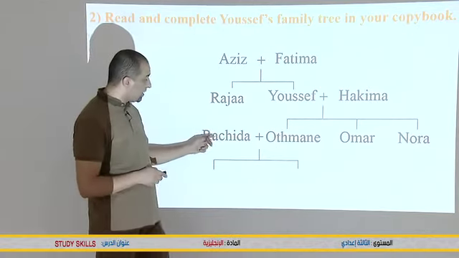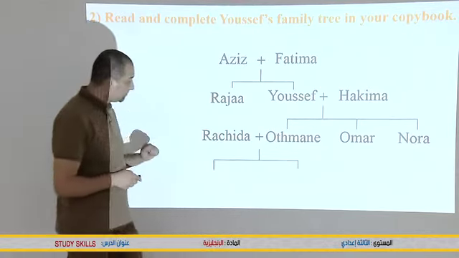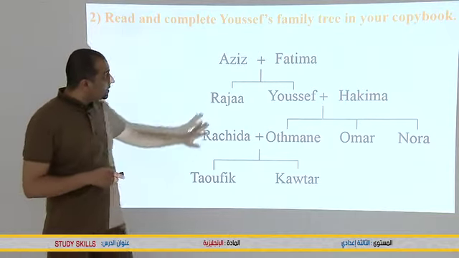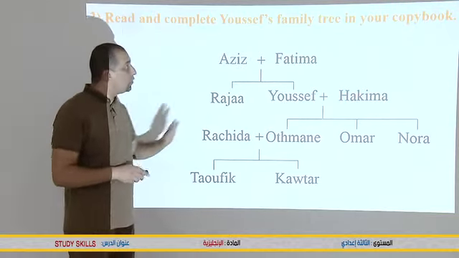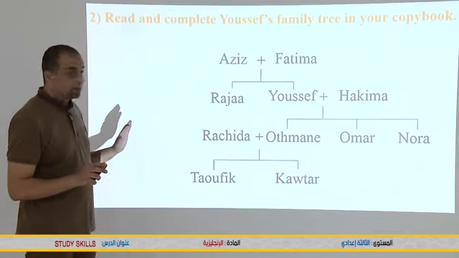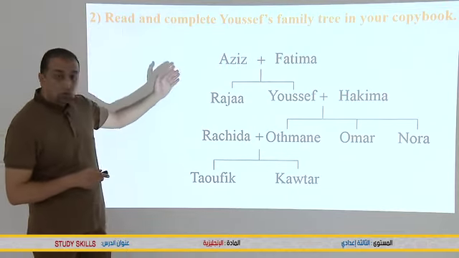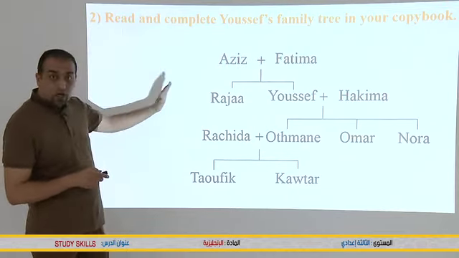So Uthman is married to Rashida. After, we have Tawfiq, the grandson, and Kautar, the granddaughter of Yusuf. So now, here is the family tree of Yusuf complete. Now, let's take time to make sure that you have correct answers.